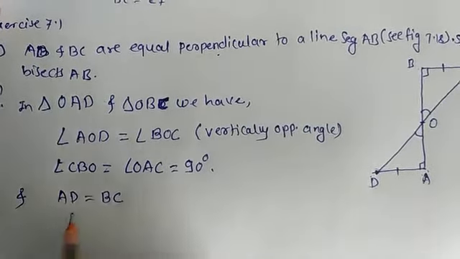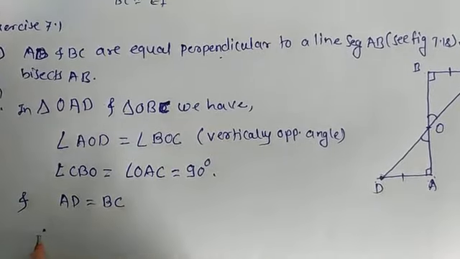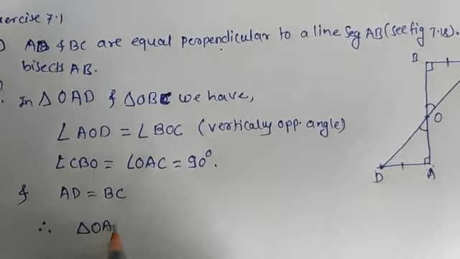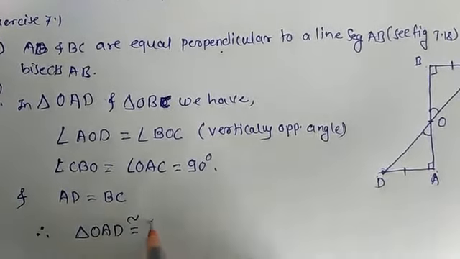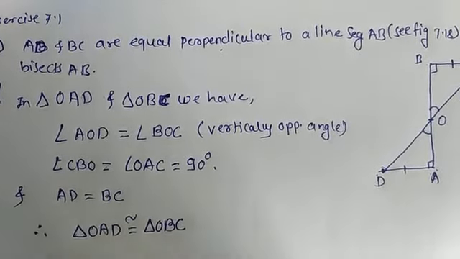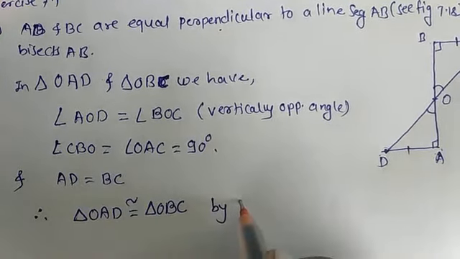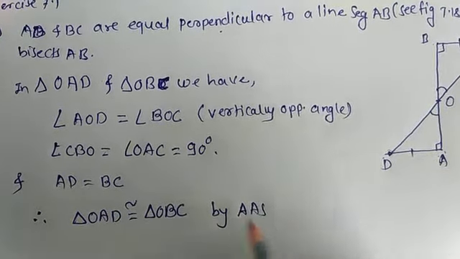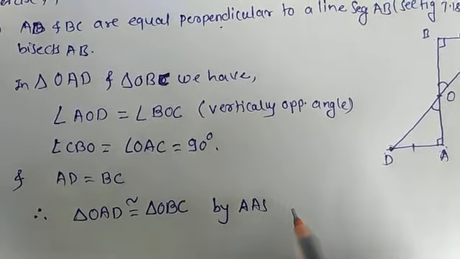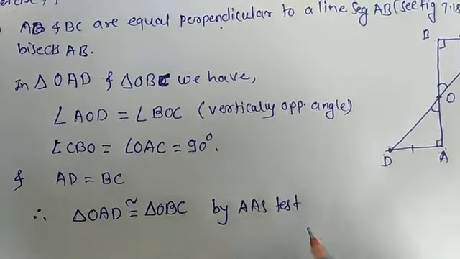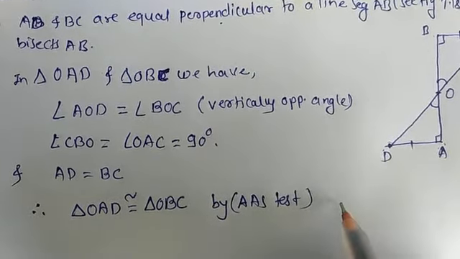Now triangle OAD is congruent to triangle OBC by the AAS or ASA test of congruence of triangles.